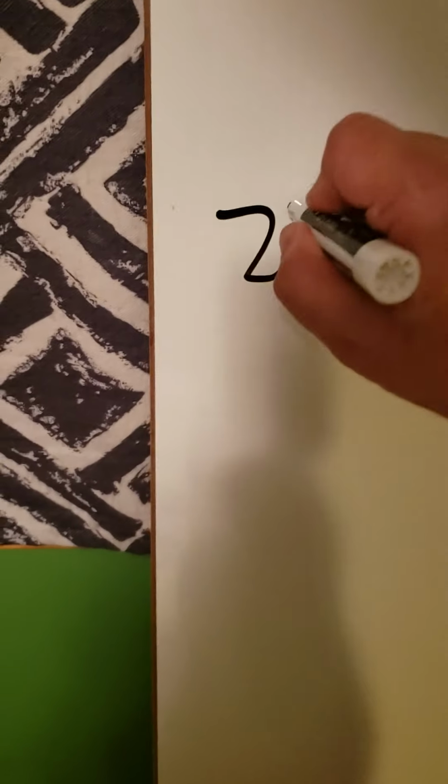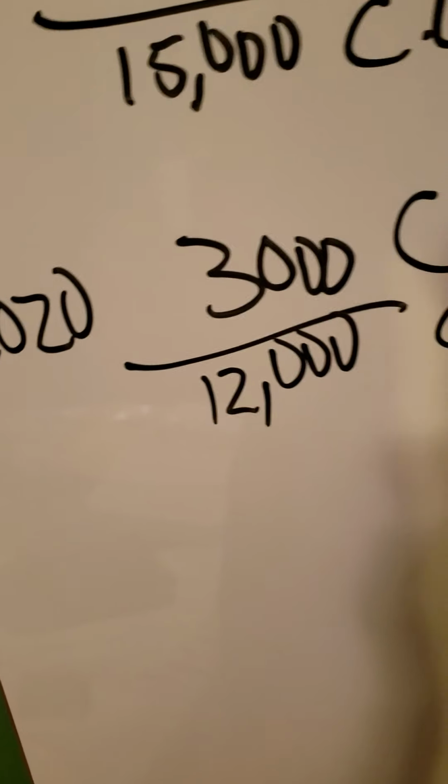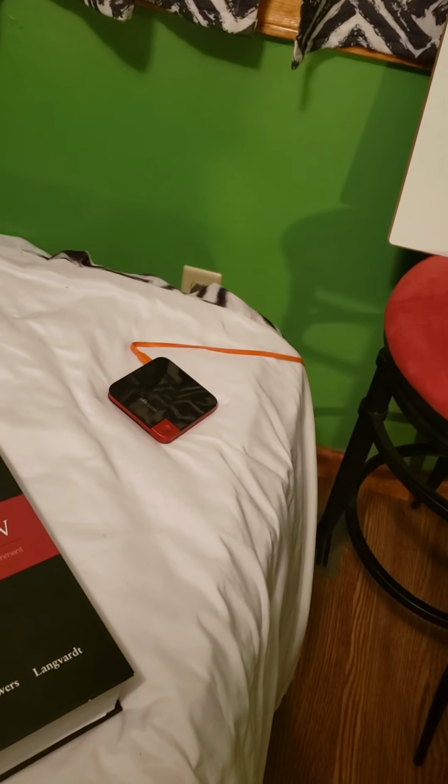Okay, 2020, no capital transactions. So 2020, I'm going to take an additional $3,000 capital loss, which leaves me then with a $12,000 capital loss carry forward. Then in 2021, I sell property for $12,000 that I purchased for $7,500.